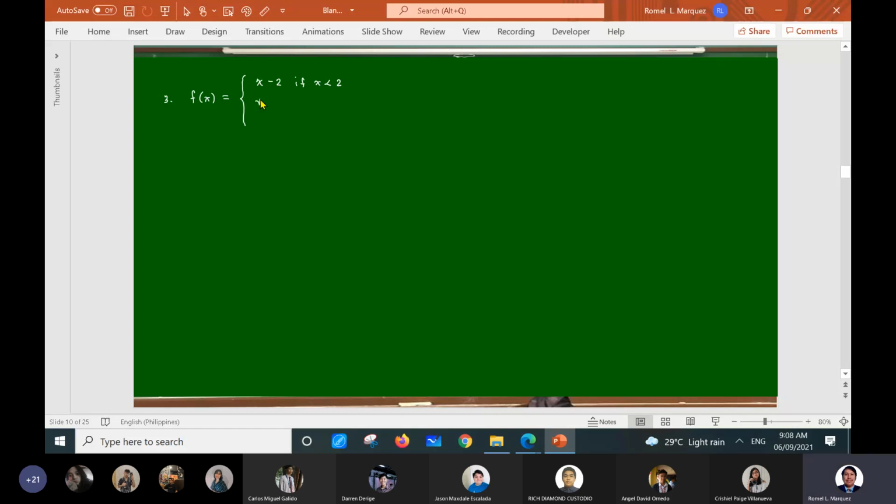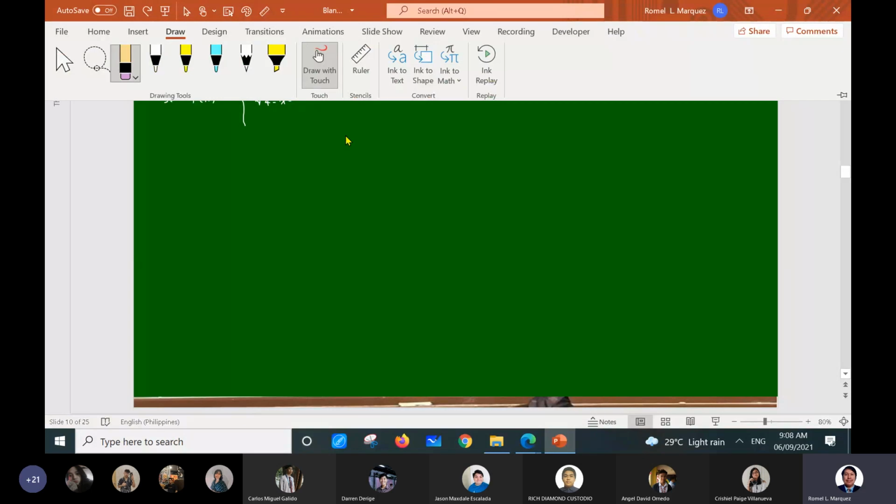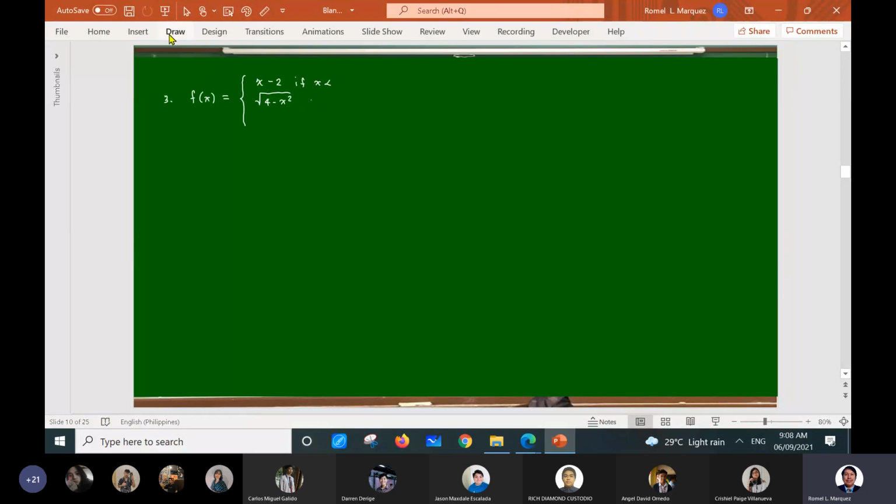It is square root of 4 minus x squared if x is between 0 and 2, including 0.